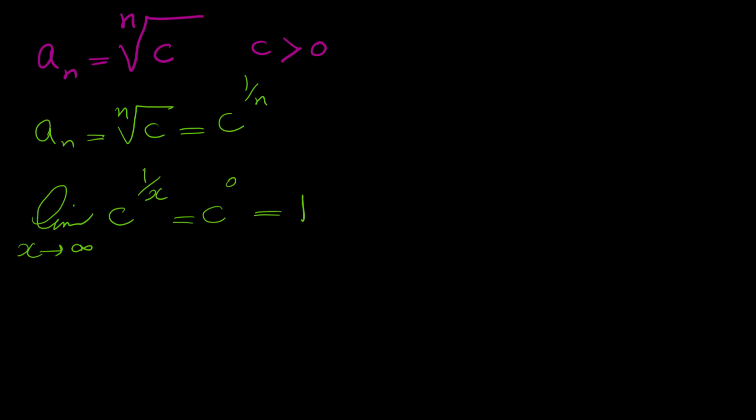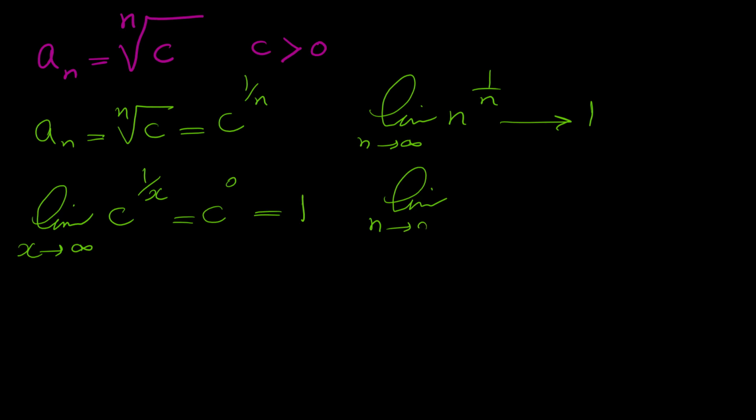Remember from the previous question, I showed you that the limit of n to the power of 1 over n as n approaches infinity is also 1. And in general, I told you that the limit as n approaches infinity of the nth root of any polynomial, not only n to the 2 plus 5n or 7n or whatever plus 7, is also 1.